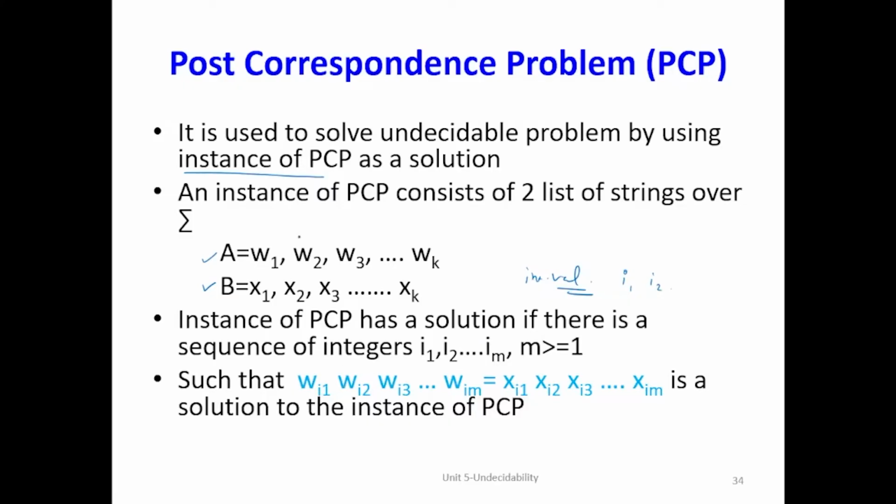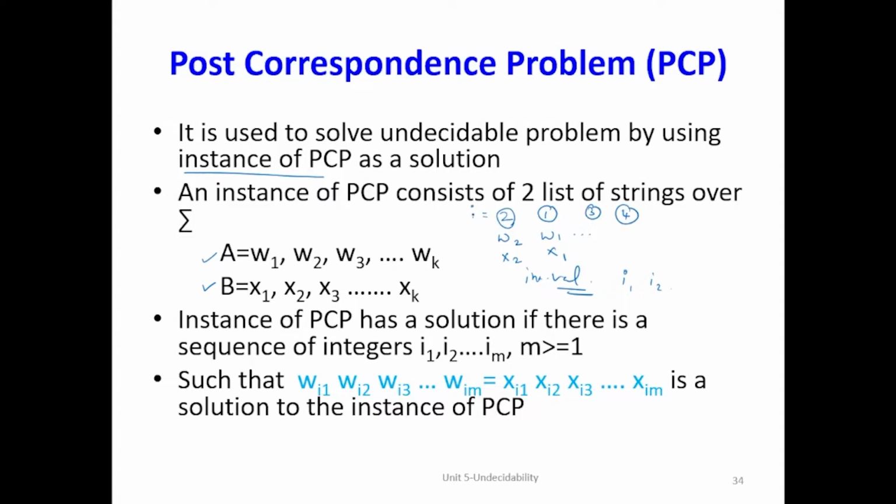So if you take the second value of list A, we should also take the second value of list B. Then at the second time, if I am taking the first value of list A, I should also take the first value of list B. Like that I should frame all the values.